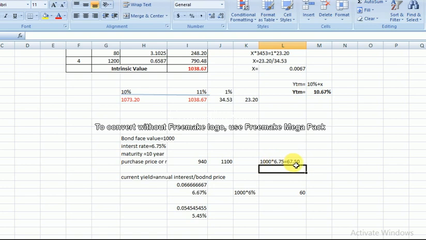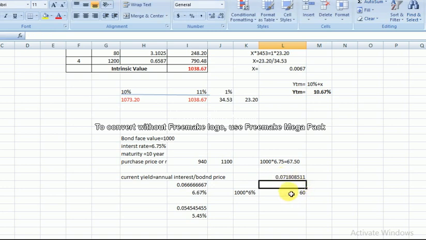When we want the yield basis, we take 67.50 divided by the purchasing price, which is 940.